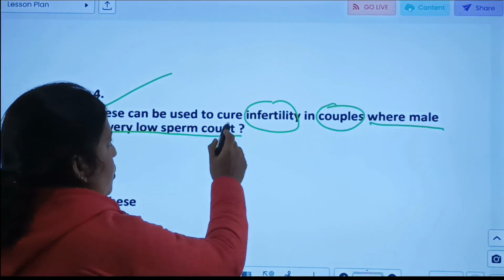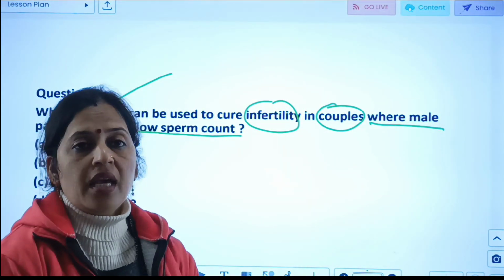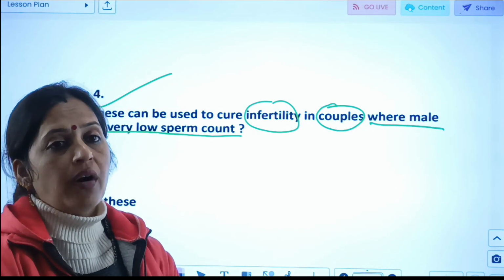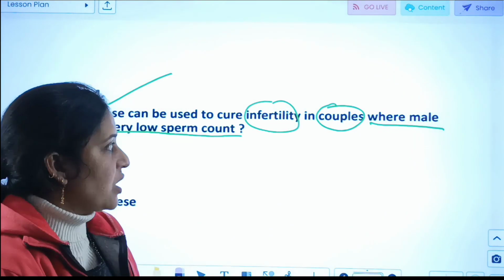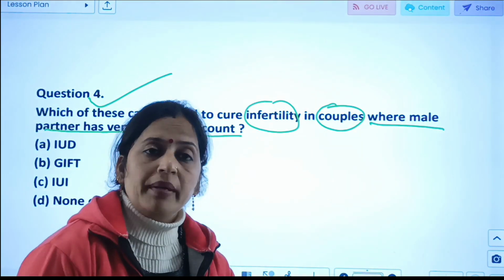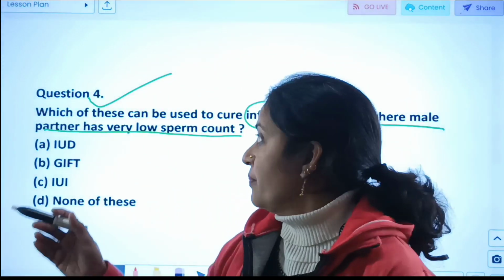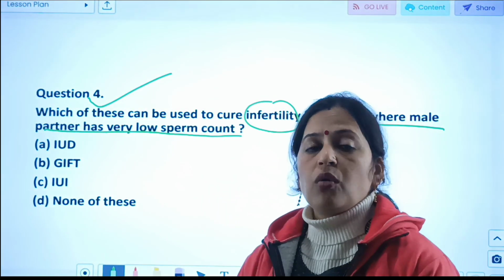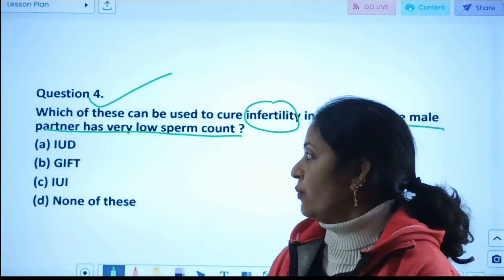Which of these can be used to cure infertility? That means there are different methods, and out of these methods you have to find out which method is used to cure the infertility, especially in the couples where male partner has very low sperm count, जिसमें कि male partner का sperm count very low होता है.